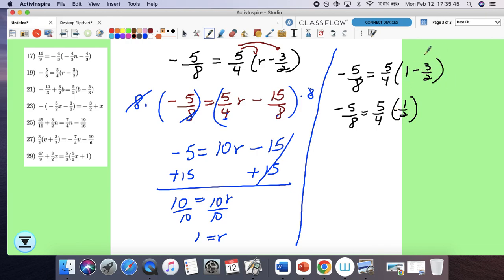So if you think about this, you can quickly change it in your head. 1 minus 3 over 2, which is 1 and a half, is just a half. Negative a half in this case. Negative 5 over 8. On the right side, 5 times 1 is 5, 4 times 2 is 8, but make it negative. So that's pretty simple.